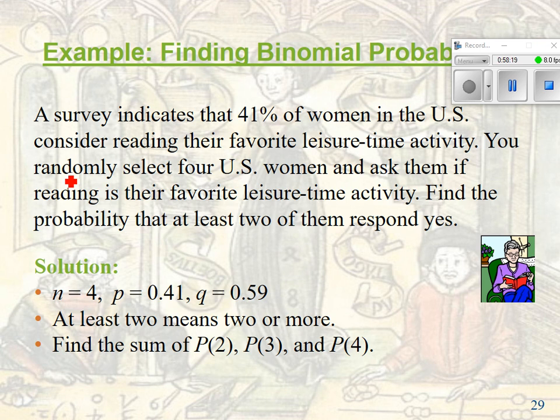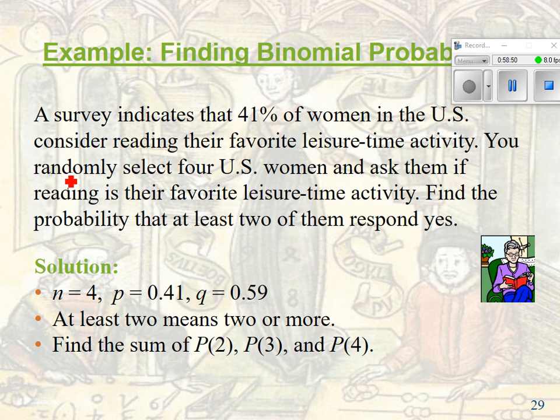Let's see. N is 4, comma, 0.41, comma, 3. I got this, Ben. Yeah, that's what I got. So if you add up these 4, you get that. So using the CDF button just takes this probability plus this probability plus this one plus this one and adds them all up.